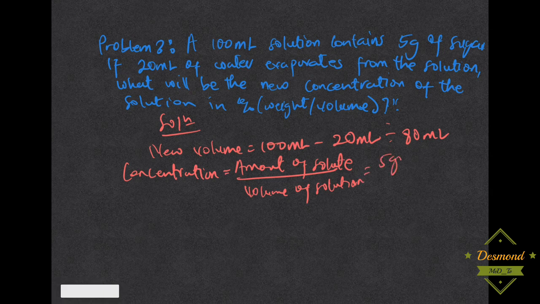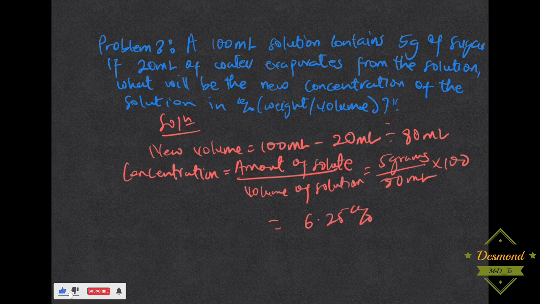So 5 grams over 80 ml multiplied by 100 because we want it in percentage. So when we do it, we should get 6.25%. So the new concentration of the solution is 6.25% weight over volume. That's very straightforward. It's not really hard to do.